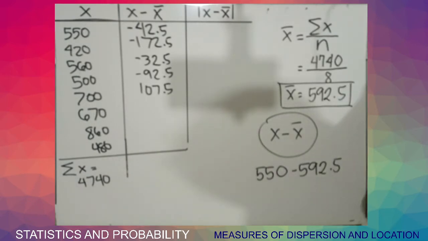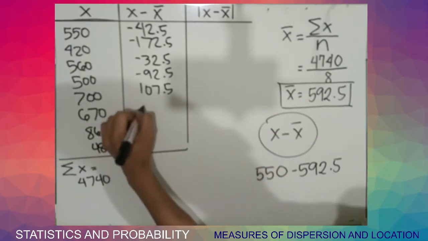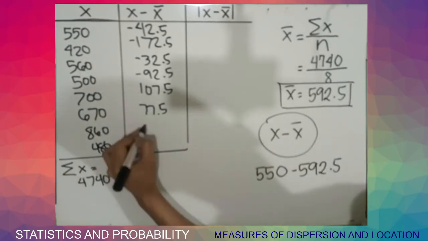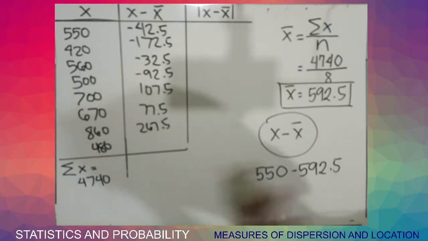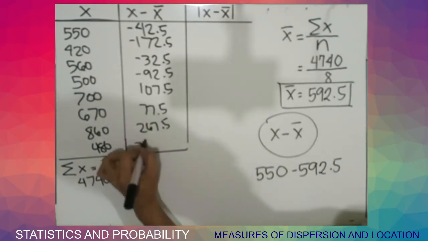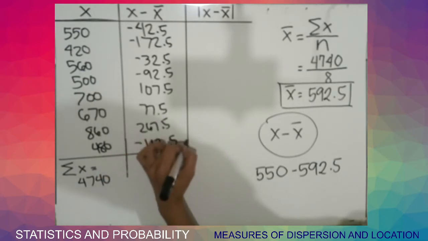Next, 670 minus 592.5. So, 77.5. Next, 860 minus 592.5, 267.5. Then last, 480 minus 592.5 is negative 112.5.